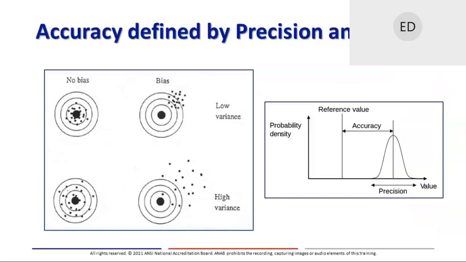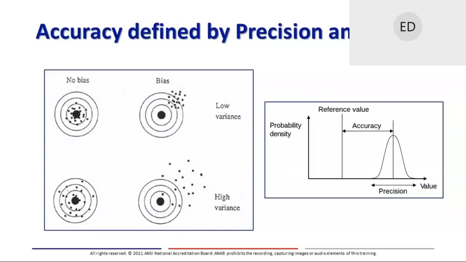You're all probably very familiar with the target analogy of bias and precision. You can statistically calculate precision and bias. As you know, precision is the dispersion of the quantity values around the target value. This is what we're trying to achieve. And in the targets example on the left, you can see that there is low variance or good precision in the top two targets, where those quantity values or the small dots are closely spaced.